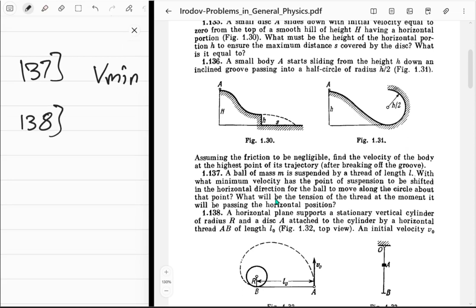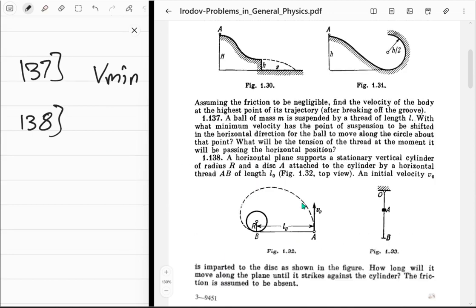This is not just for this particular case, it's also for any kind of circular motion on a vertical plane, or any vertical motion with a string, or where normal forces are involved.